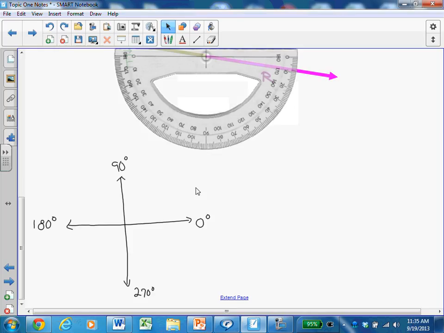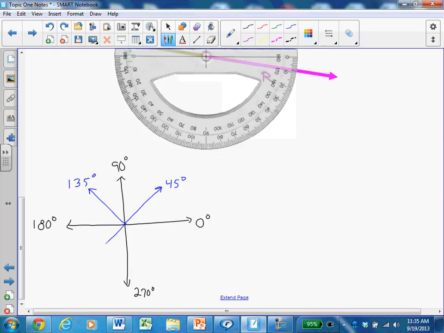And in the middle, you'd have 45 degrees, 135 degrees, 225 degrees, 315 degrees. Okay, just as a reminder.